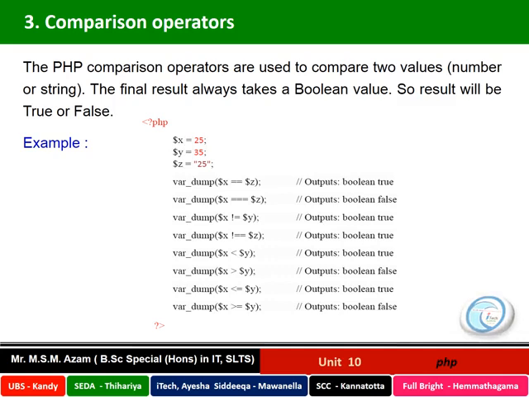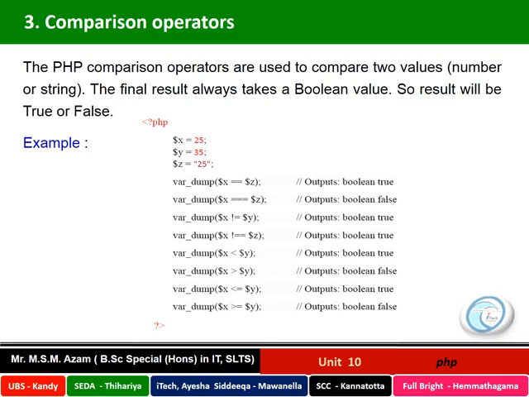Then the fourth one, var_dump($x !== $z). The value given to x is 25, the value given to z is also 25. Their values are the same, but their data types are different. Therefore, when I say x not identically equal to z, it produces boolean true as the output.